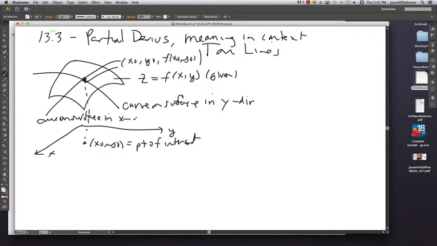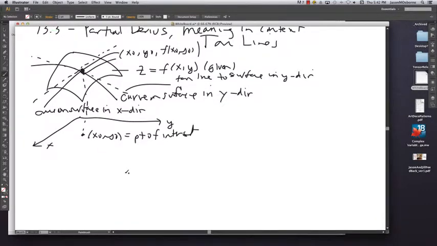in the x direction. Okay, and in the previous video, we showed how to compute these tangent lines. This dotted line is the tangent line to the surface, and this tangent line is also pointing in the y direction, and the other one is similarly the tangent line in the x direction.